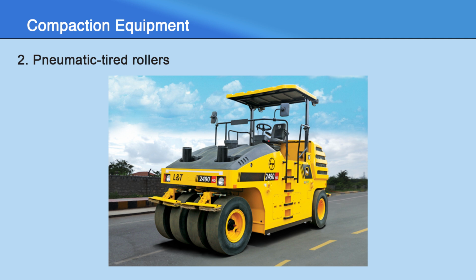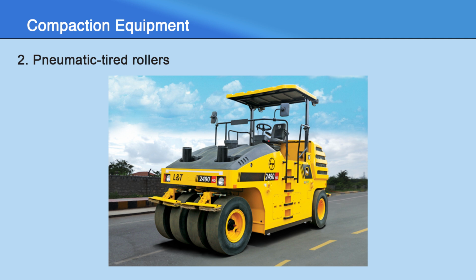Small tired rollers feature two tandem axles with 4 to 9 tires per axle and can be either self-propelled or towed by a tractor. The rear wheels are spaced to cover the areas between the front wheels, ensuring full surface coverage. The tires may be arranged to create a wobbly wheel effect, enhancing the kneading action of the soil.